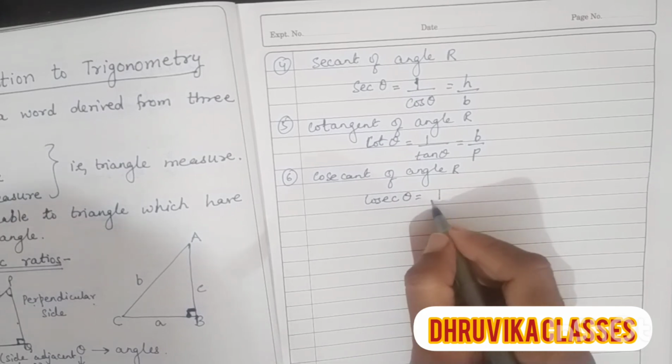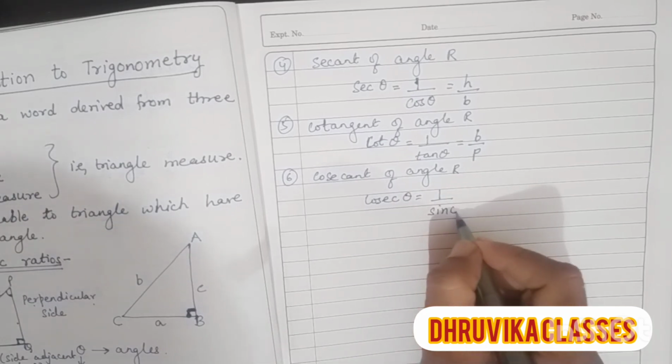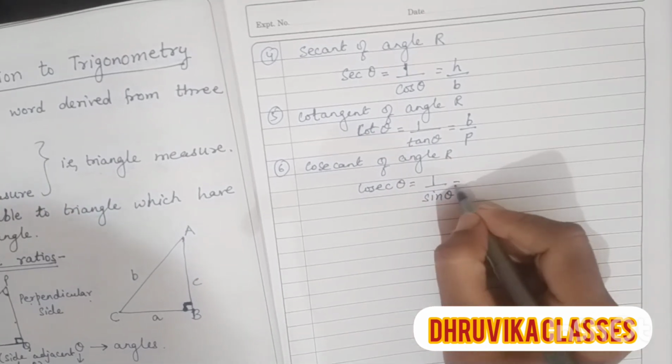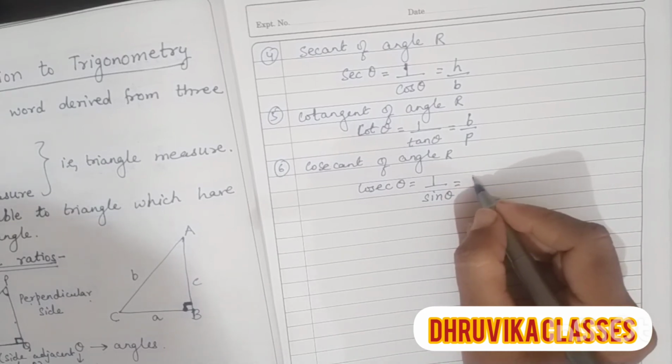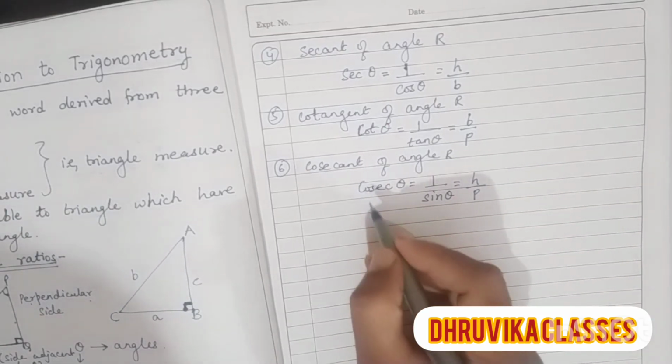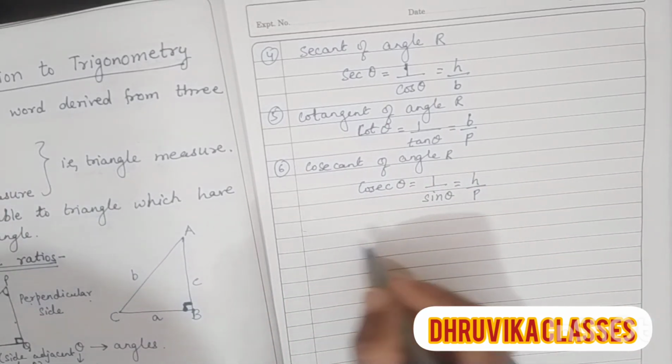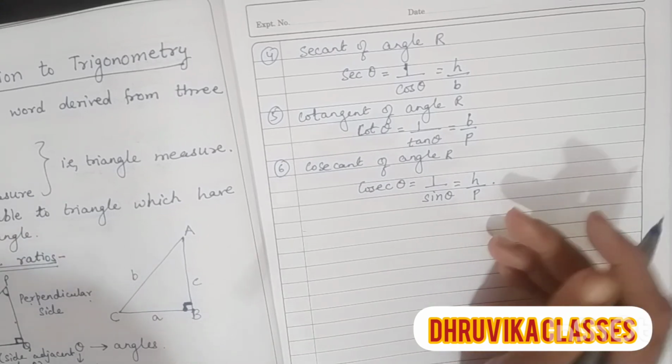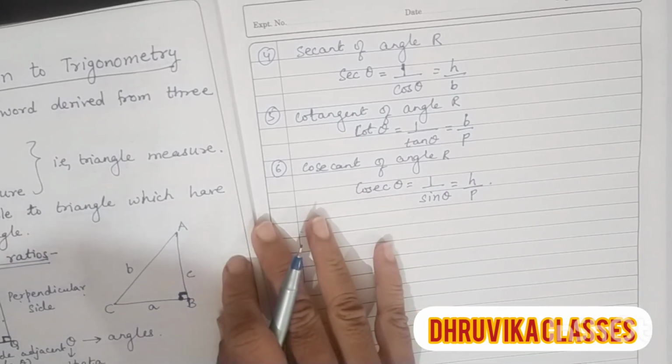This is the reciprocal of sin theta, and we have already learned sin theta is P by H. So its reciprocal is H by P. So these are the 6 trigonometric ratios we use while solving problems of trigonometry.